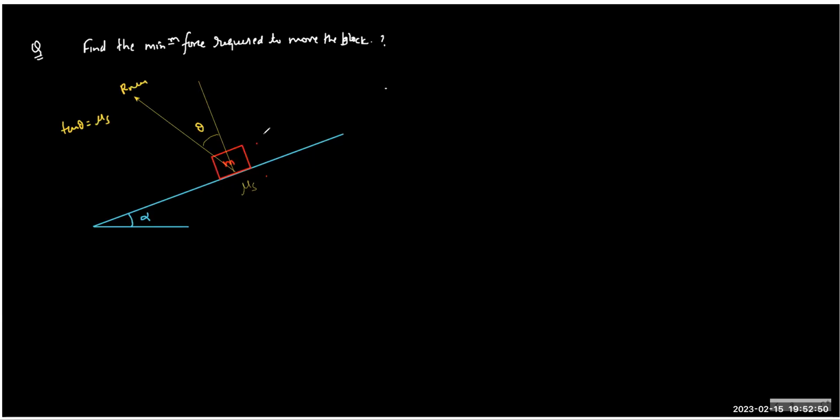And mg will act like this. You are supposed to move the block up the plane. The minimum force is to move the block up the plane. And mg is acting like this, right? So the diagram is slightly different from the earlier one, but the method remains the same.